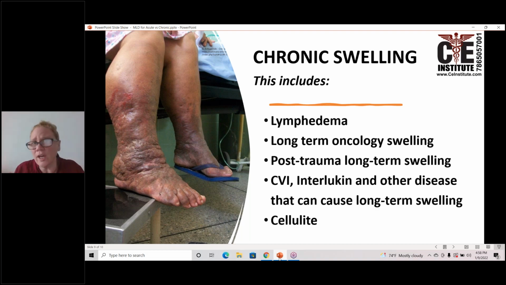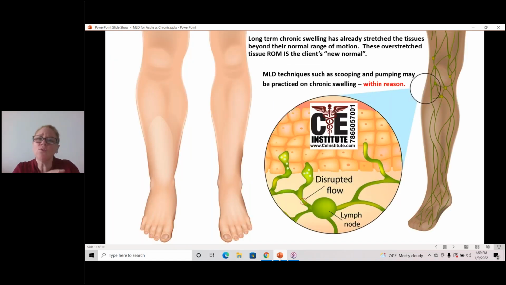So that's kind of like a swollen condition, and that is another thing that can be treated. It's not thought to have a great result, manual lymphatic drainage with cellulite, but there is a new research study that was published last year where they did have efficacy in practicing MLD for cellulite, and we are considering it a chronically swollen condition.